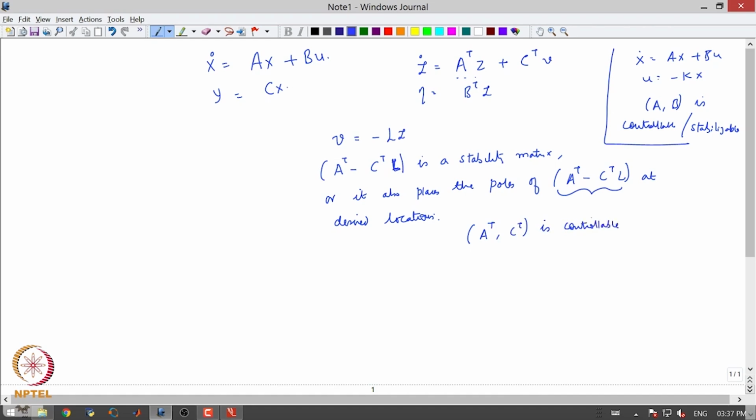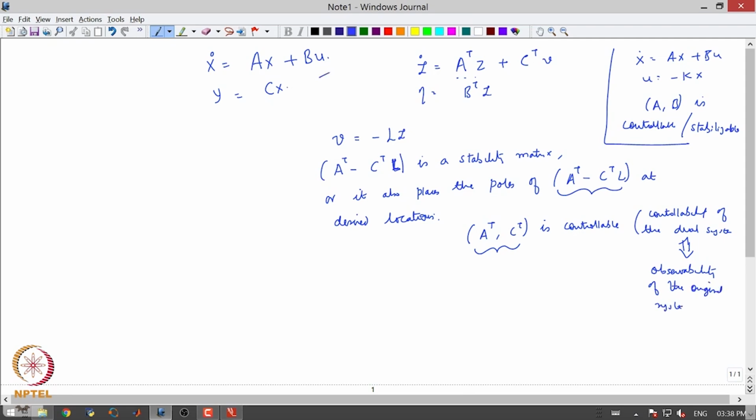Controllability of the dual system is equal to observability of the original system.